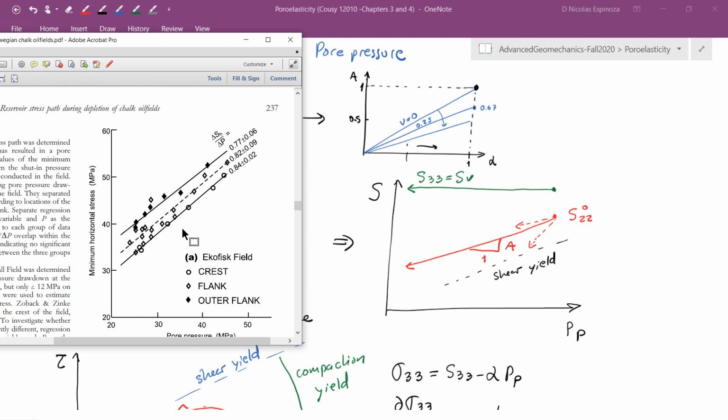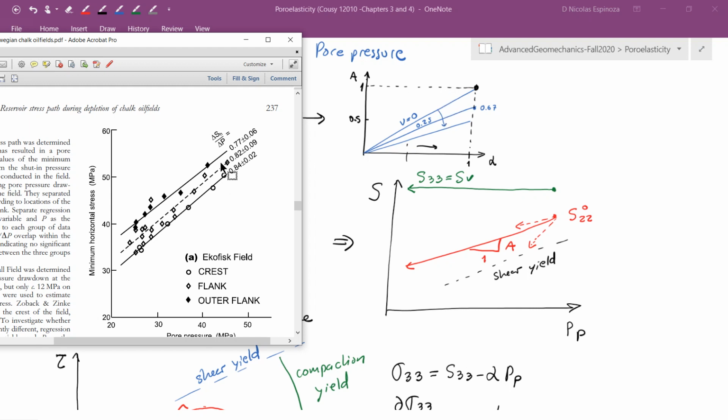Also, you can see what is the value in the field for this parameter A, which in this case turned out to be a little bit higher than what we saw for poroelasticity. In the case of the chalk, it's a very soft material and the Biot coefficient would tend to be very high. So those values would be somewhere around here.